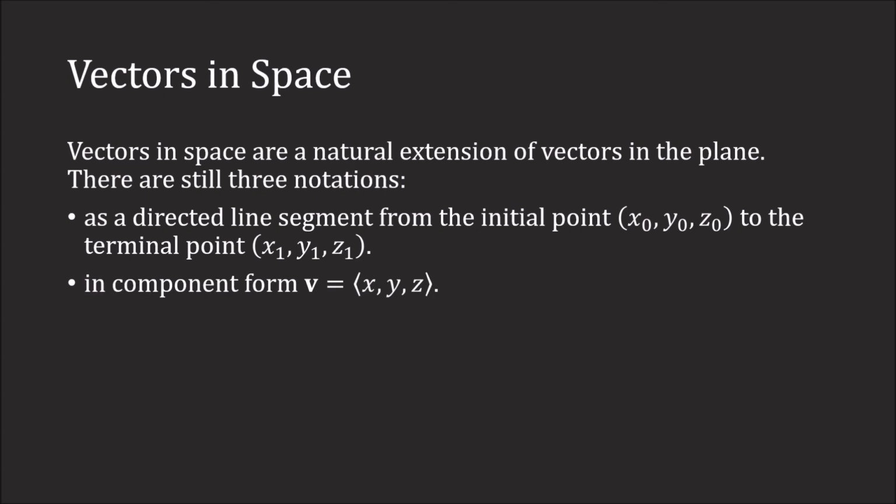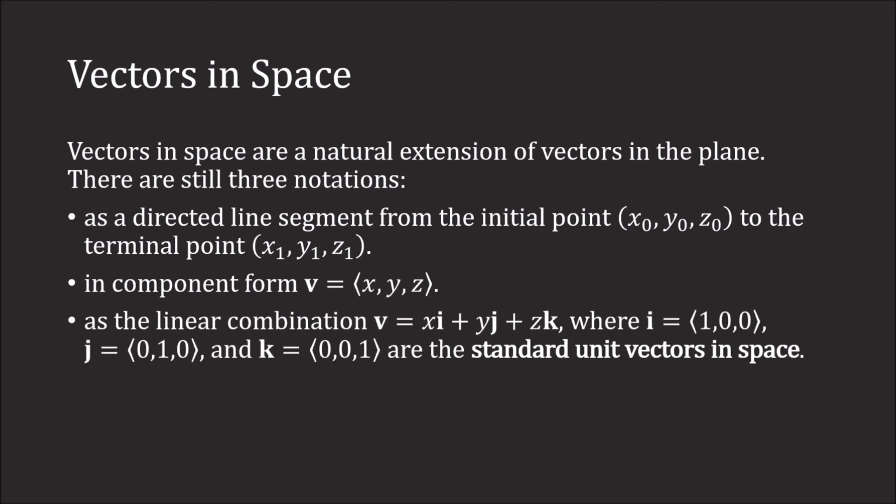In component form, x, y, z, or as the linear combination xi plus yj plus zk, where i is the vector 1, 0, 0, so it's the x direction. j is the vector 0, 1, 0, so it's the y direction. And k is the vector 0, 0, 1, so it's the z direction. And these are called the standard unit vectors in space.